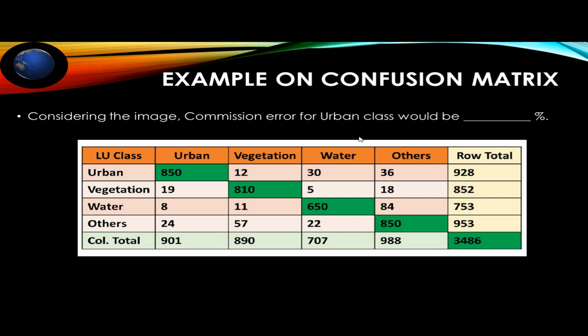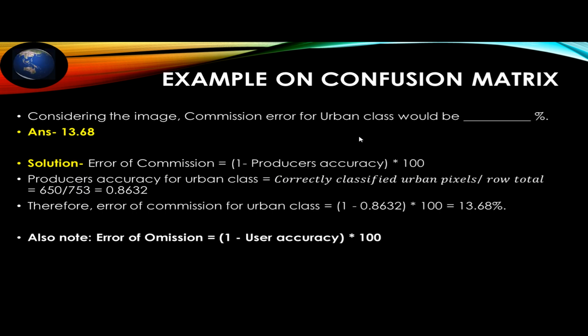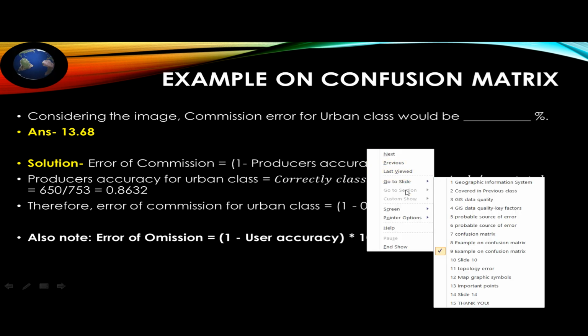Yes, correct. Here it is showing user accuracy, but it is producer accuracy because it deals with the column. And the opposite is the omission error. Omission means we are not taking into account, so 13.68% is a wrong calculation. I will correct it and only then upload.